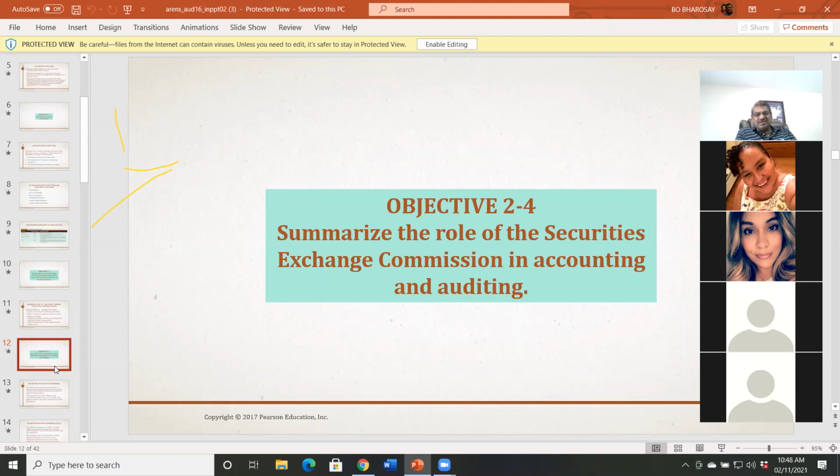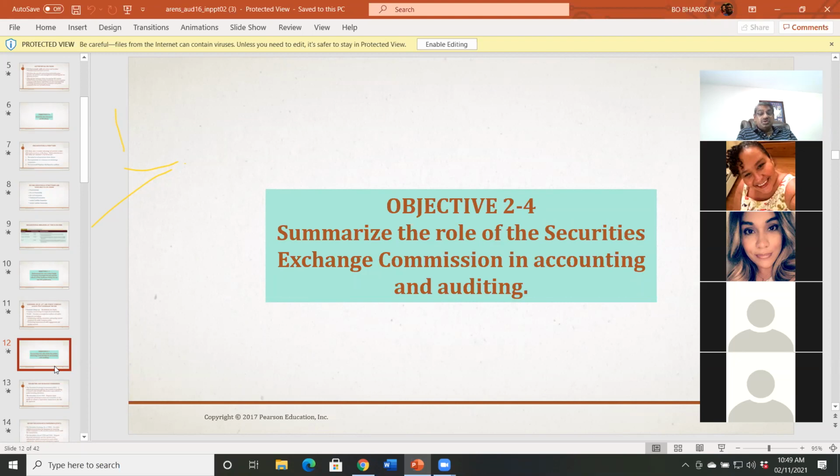The Securities Act of 1933 required that any company that wants to sell its securities to the public must register with the SEC. Now, what does registration entail? They must submit audited financial statements. Depending on the company, it can be from 2 to 5 years of audited financial statements.